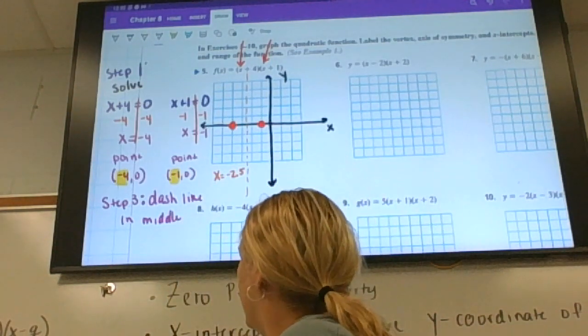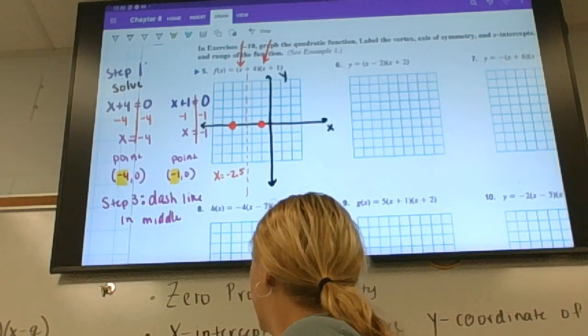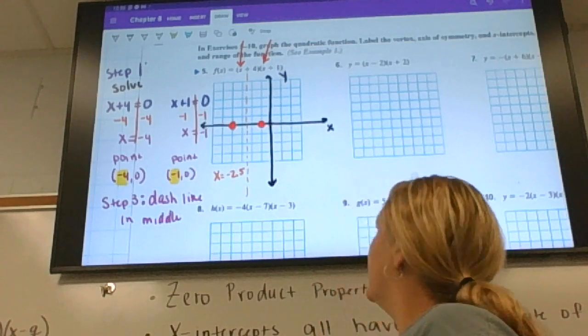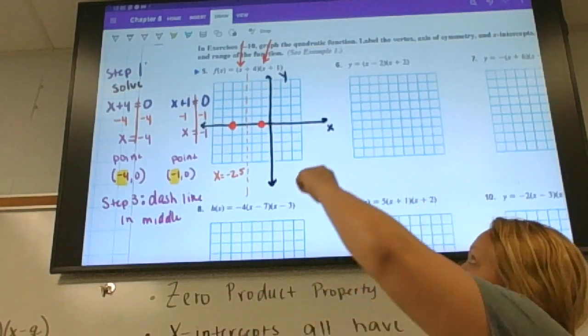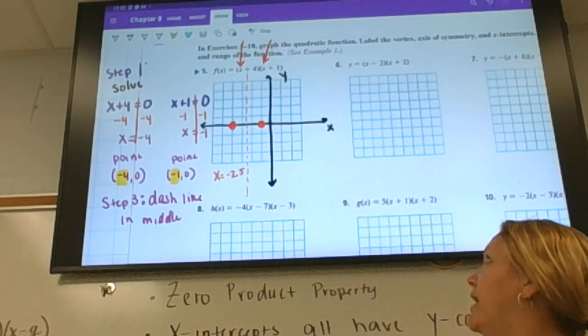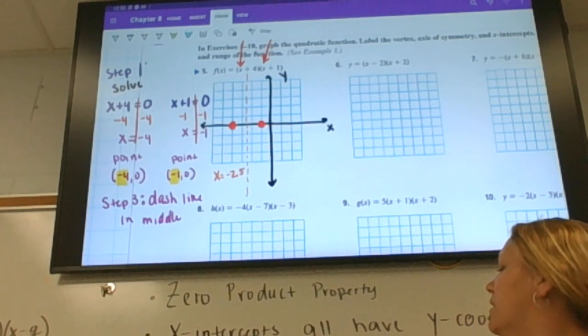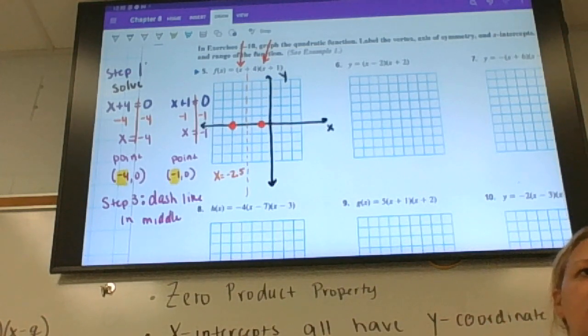So I have to plug in -2.5 into the equation. So it's -2.5 plus 4, -2.5 plus 1, guys. And this is multiplication in between here.